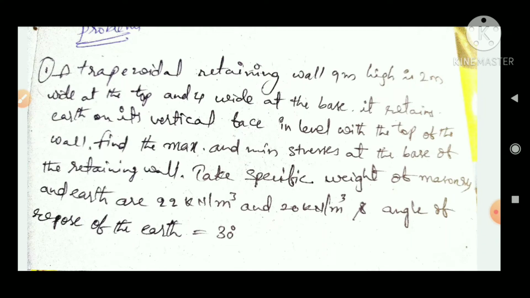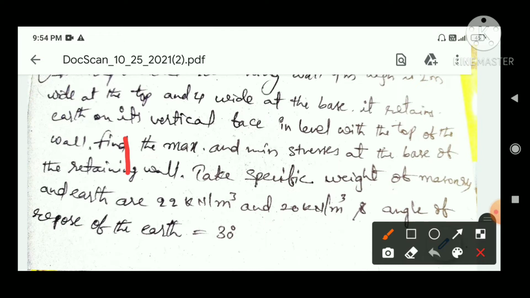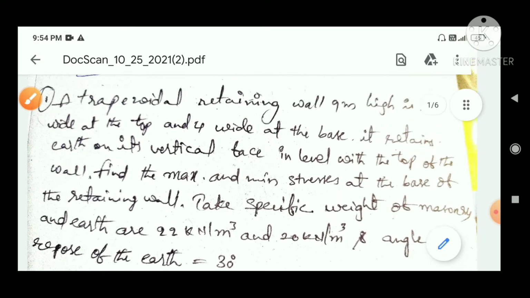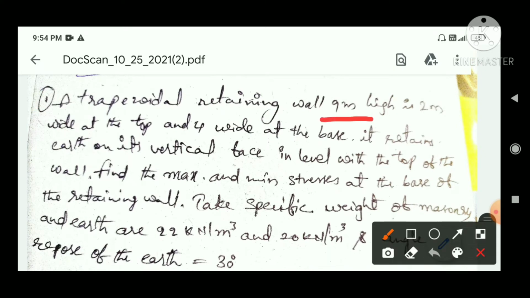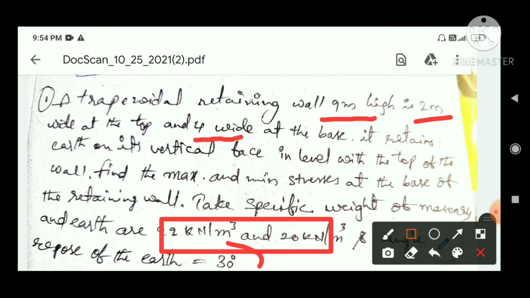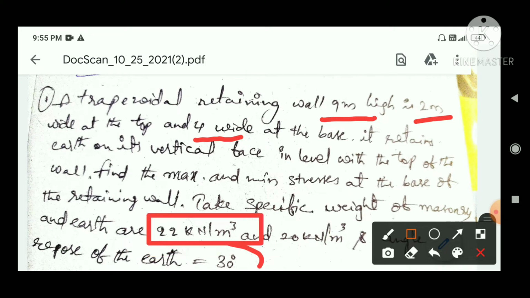Some data is here to use: height, top width and bottom width, repose angle, and unit weights of earth and masonry.